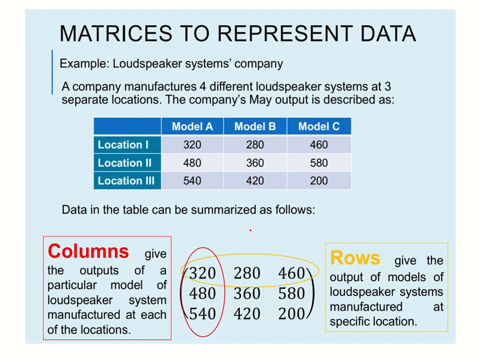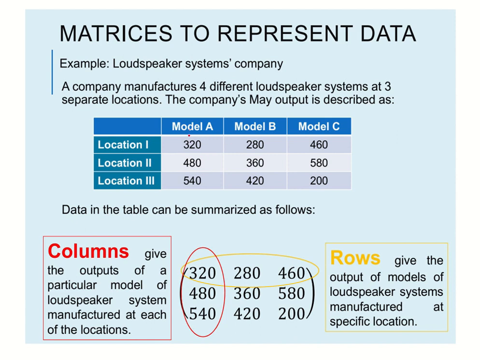Okay, now let's see one example on how we can actually represent the data in a matrix form. All right, so a company manufactures 4 different loudspeaker systems at 3 separate locations. So you can see we have 3 different types of model of loudspeaker system, right? Model A, Model B, Model C, and they are actually at 3 different locations, location 1, 2, and 3.